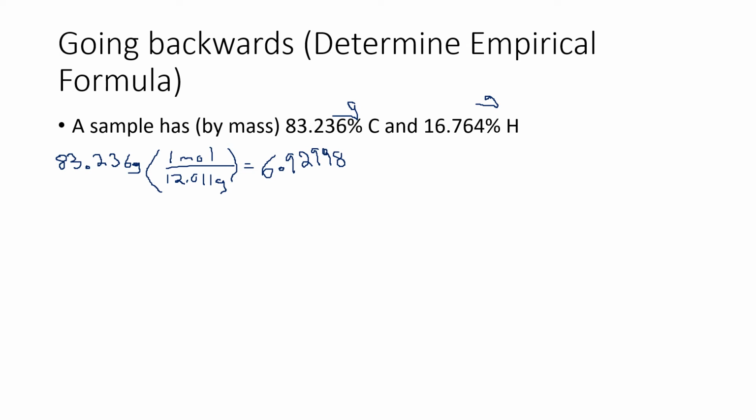All right, so hydrogen, I've got 16.764 grams times, from the table again, 1 mole per 1.00794 grams.